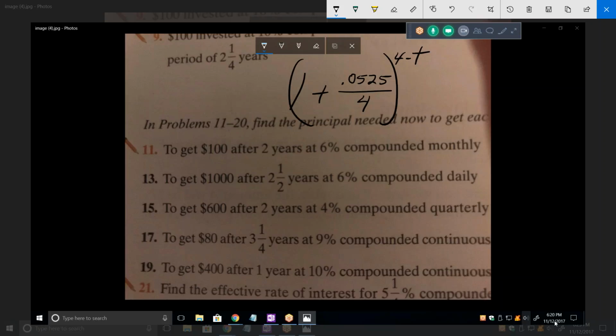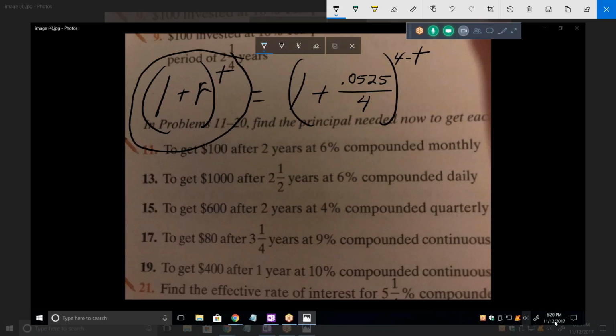And I would say that the effective rate of interest is what makes that equal to 1 plus that effective rate of interest times T. In other words, if they mean what rate compounded annually would you need to give you the same amount as compounded quarterly, then I think we'd solve it like this.